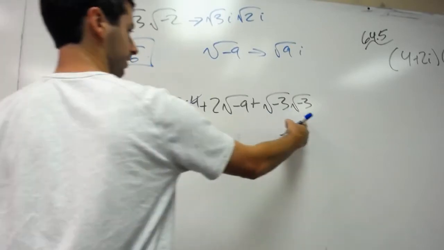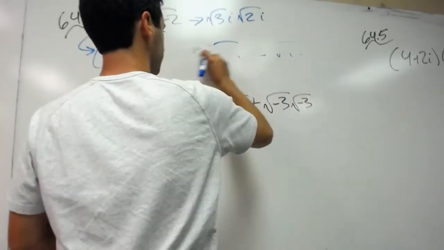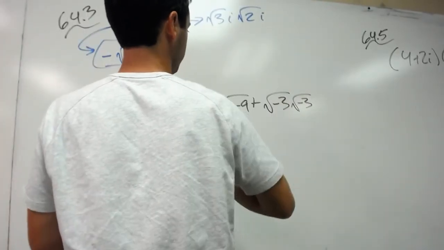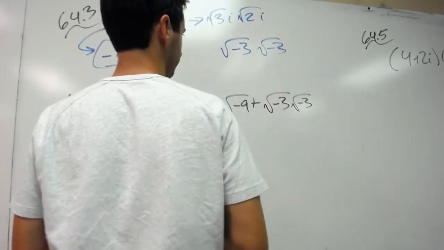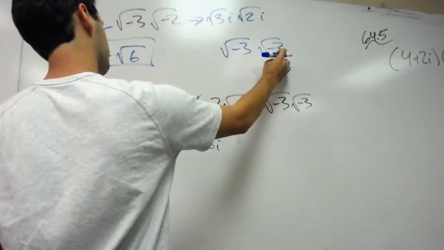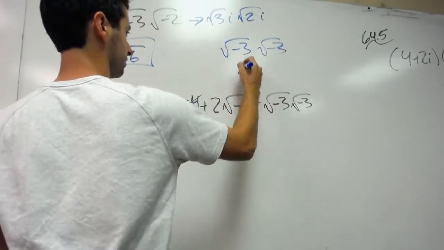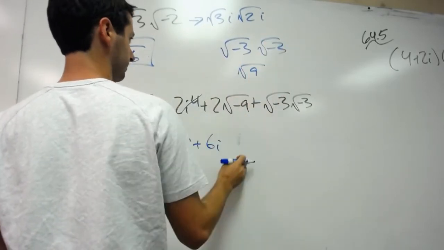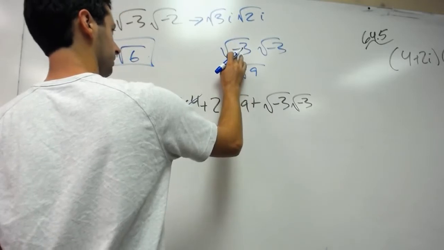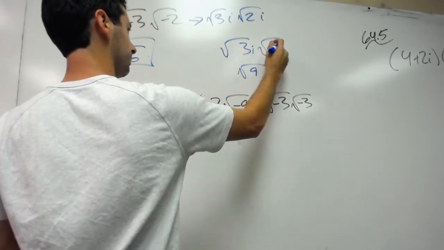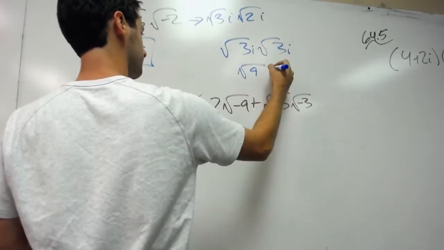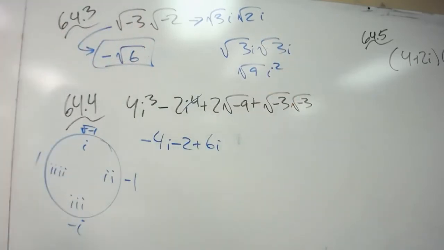Then we have this situation here, kind of like what we had in our last example problem. Square root of negative 3 times square root of negative 3. Well, square root of 3 times square root of 3 is square root of 9. Negative and negative, those become i and i, so square root of 9 i squared. We simplify that.